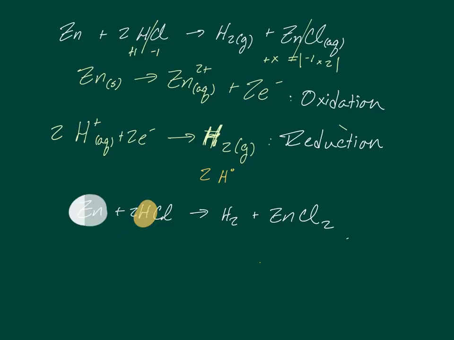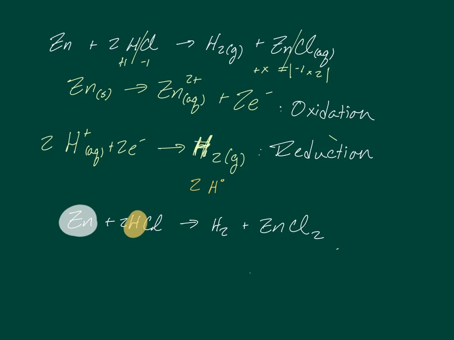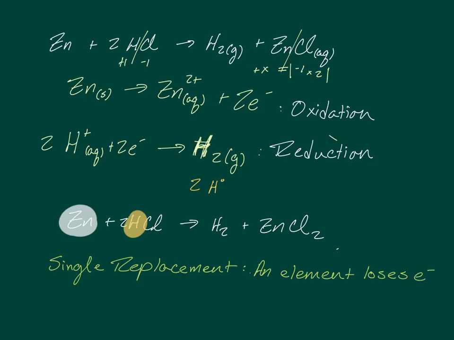In a single replacement reaction, an element becomes an ion. An element loses electrons to become an ion.